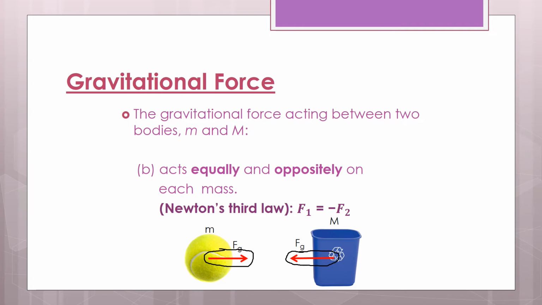So what it's saying here is that gravitational force is not only an attractive force, it is acting equally with the same magnitude and oppositely on each mass. It is satisfying Newton's third law: F1 equals negative F2, where the negative represents that the direction of one force is opposite to the other.